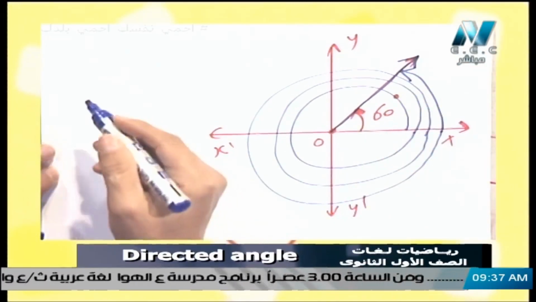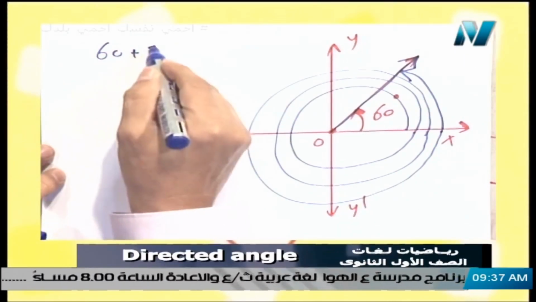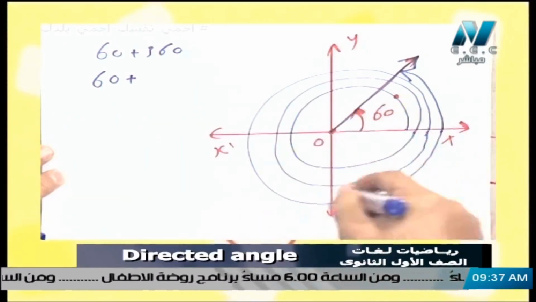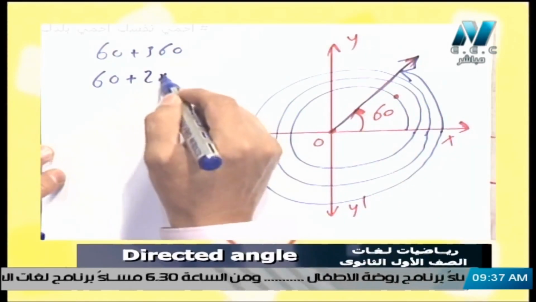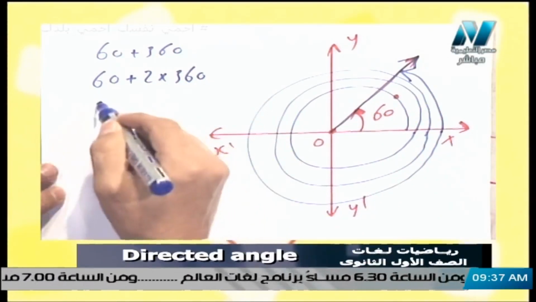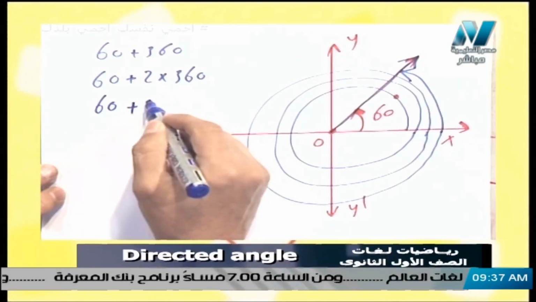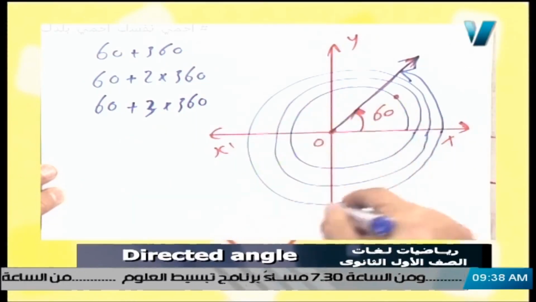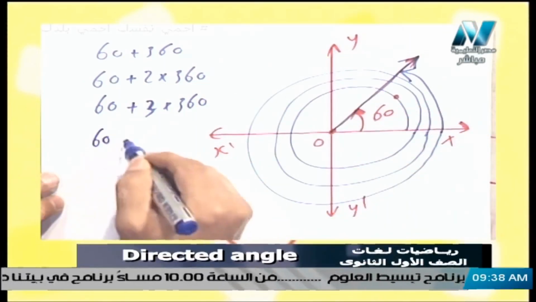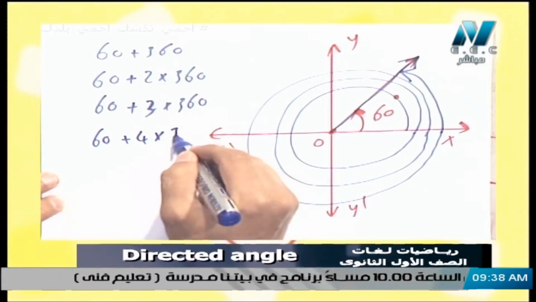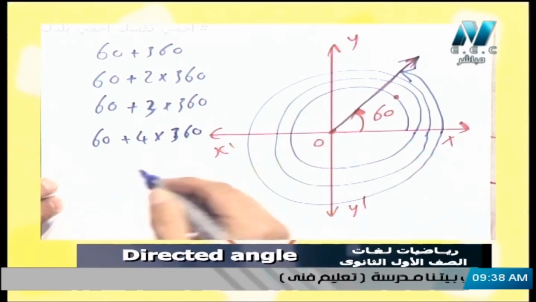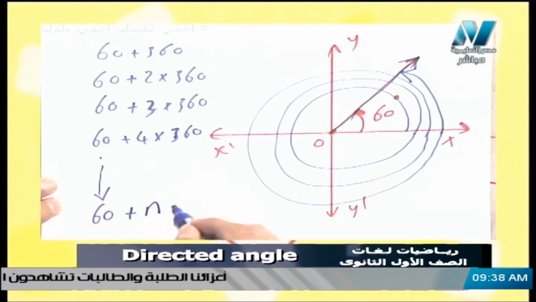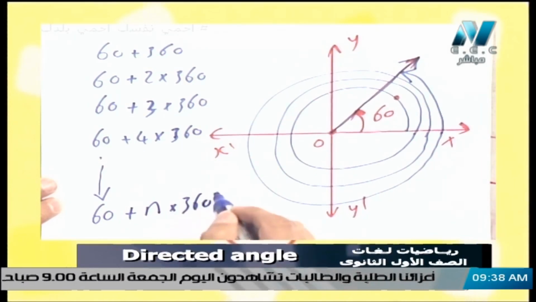We have 60 plus 360, and 60 plus 2 times 360 if we have two turns, and 60 plus 3 times 360 if we have three rounds, and 60 plus 4 times 360 if we have four turns, and so on until we have 60 plus n multiplied by 360 degrees.